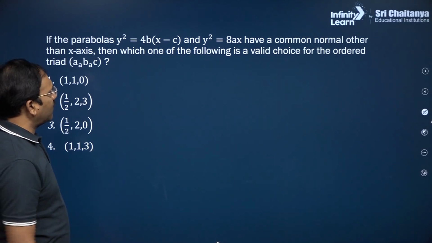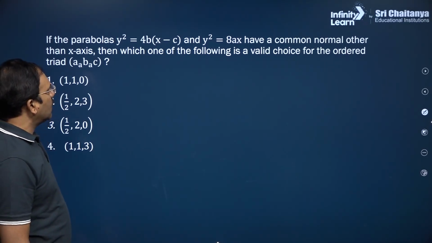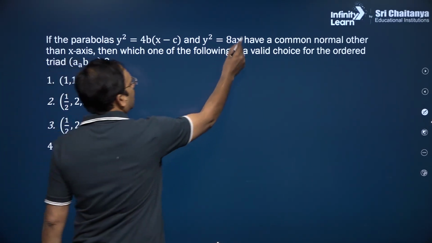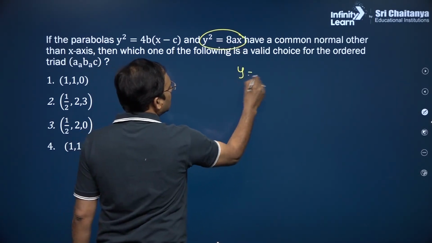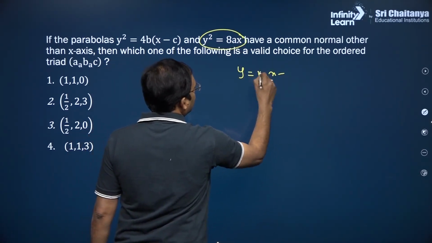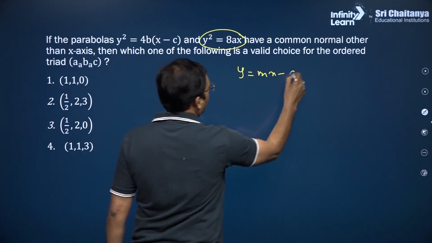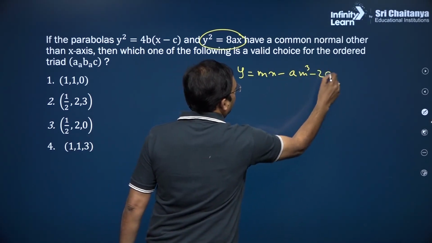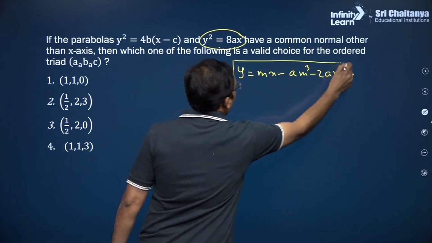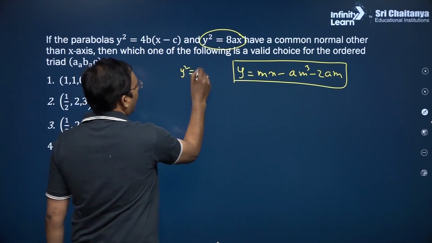Next, my dear friends. First parabola and second parabola have a common normal. How will you take the normal to this particular parabola with slope m? y is equal to mx minus am cube minus 2am. This is the formula, right, for a standard parabola y square is equal to 4ax.